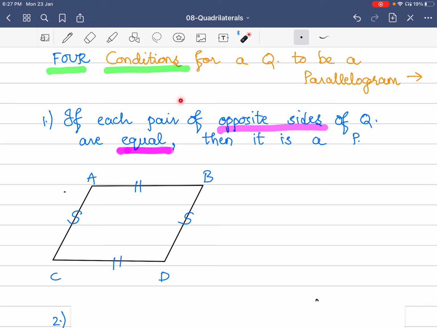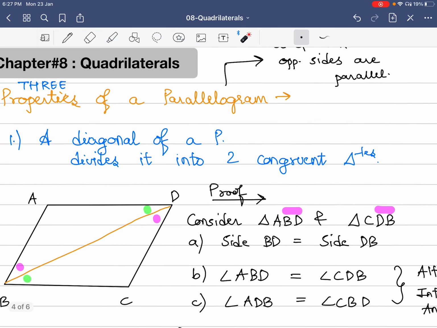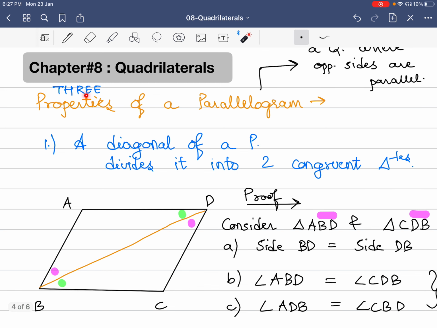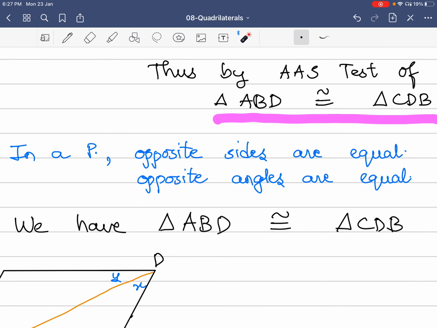Now, if you note, this statement is in fact a converse of a property of a parallelogram. In the previous video, we have seen three properties of a parallelogram. One of the properties was this: in a parallelogram, opposite sides are equal.